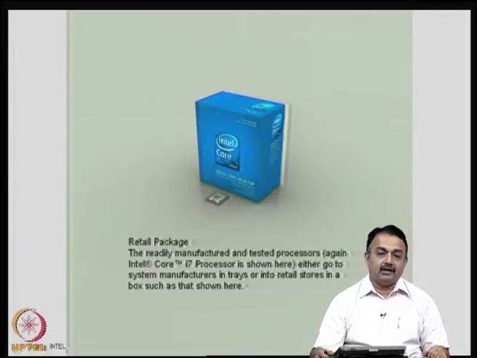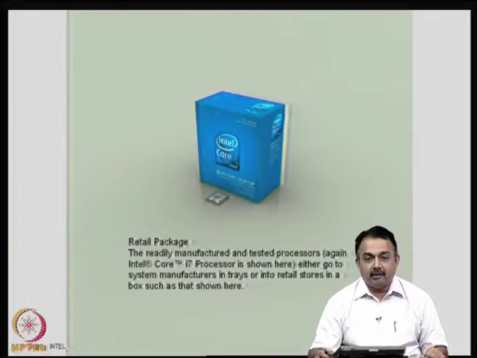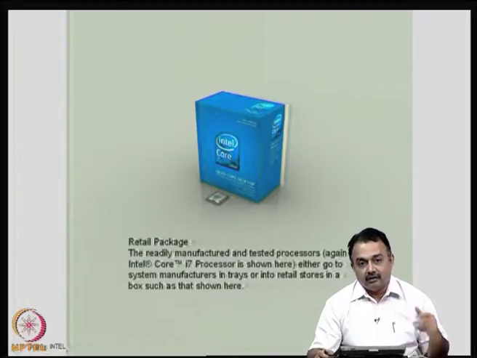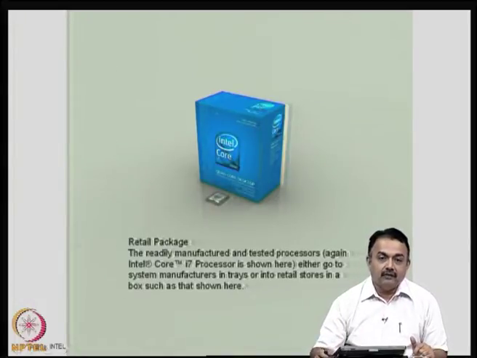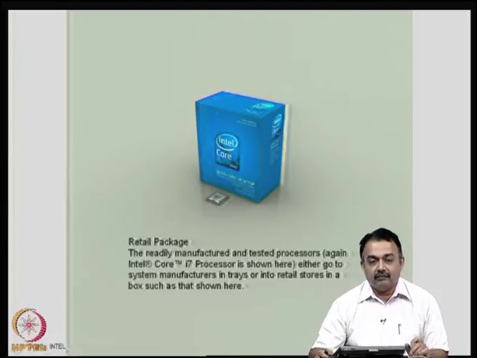So, retail packages are done, and this particular processor will then be used for system manufacture by system manufacturers for the specific application that it is intended for. So, this is an example by Intel for the i7 processor.